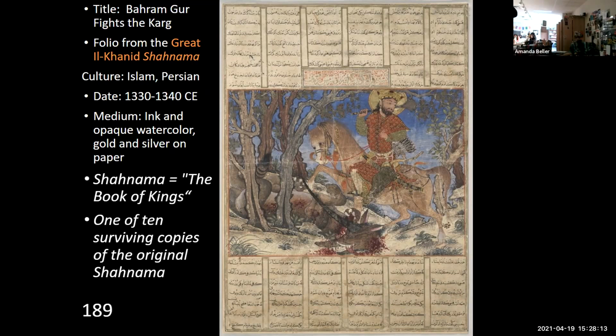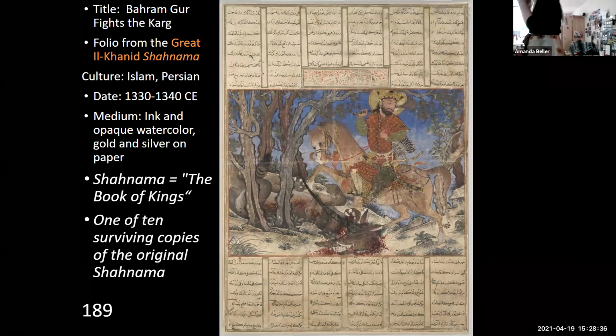This is Converging Cultures. Power and Authority. Work on Paper. Luxury Object.